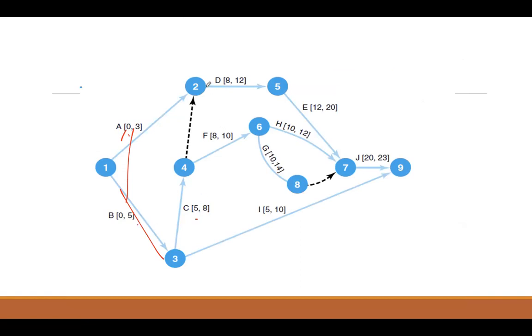And similarly D starts after A and C. A will finish after 3 weeks because A is only taking 3 weeks, and C only starts after B. So C can start after 5 weeks, and it takes 3 weeks to complete itself, so C will finish in 8 weeks. D can only start when A and C both are finished. Okay, and then D will start.